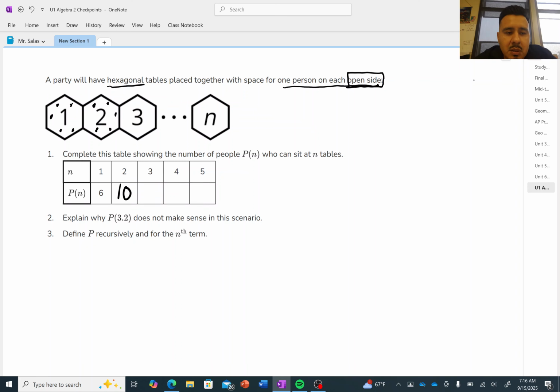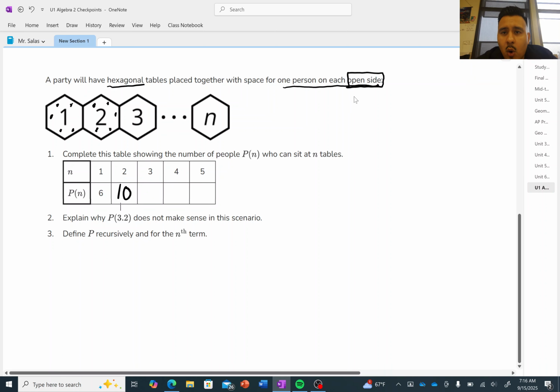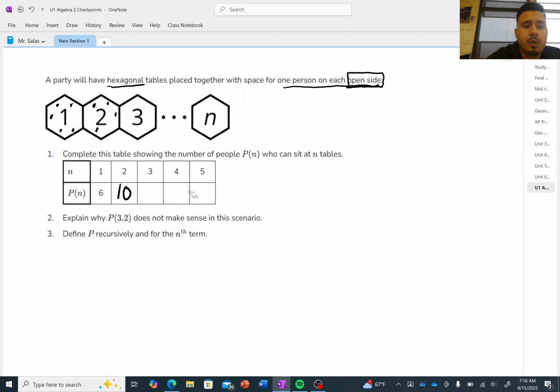Now, I know some of you are saying, but mister, I can fit 12. No, remember my keyword, open side? This side is technically not open because the 2 tables were put together back to back. That's why I cannot put anyone at this side for either table. Let's do the same thing for number 3.